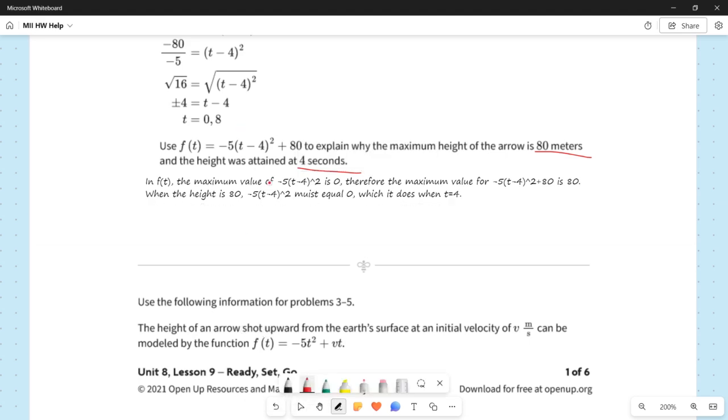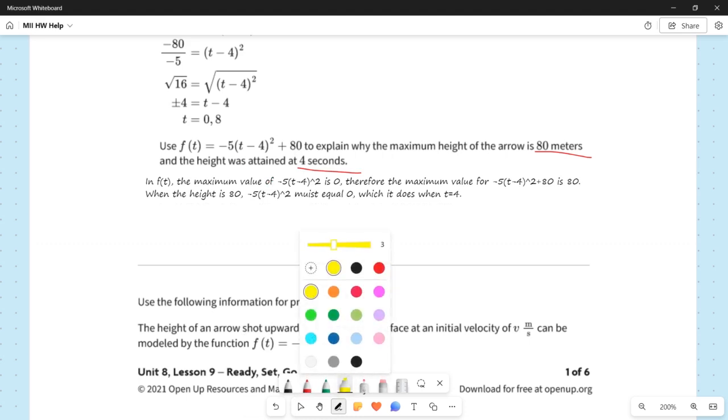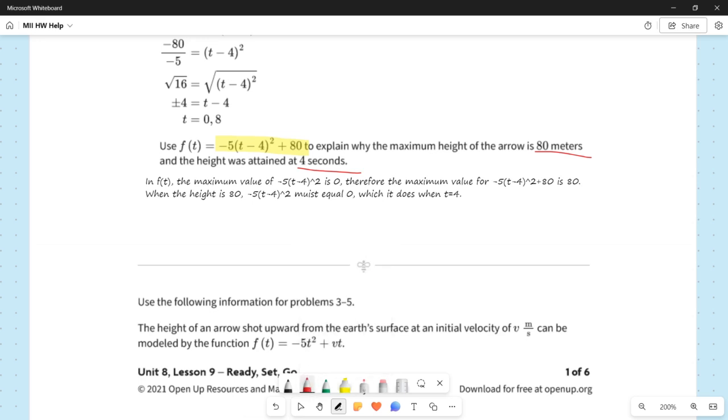And again, notice that if you were to try plugging in other values for t, say t equals 3, that's going to cause f of t to be less than 80.